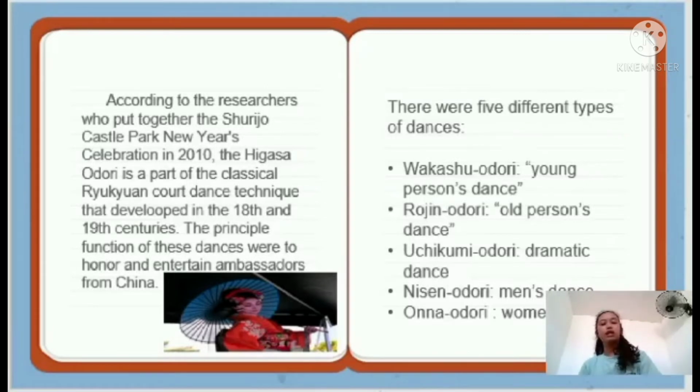This type of dancing lasted until the center of Okinawa was established, at which point it became part of the outlaw Kabuki theater.